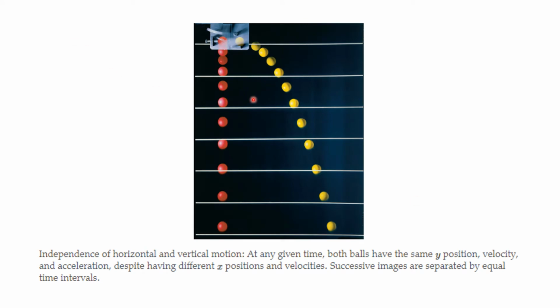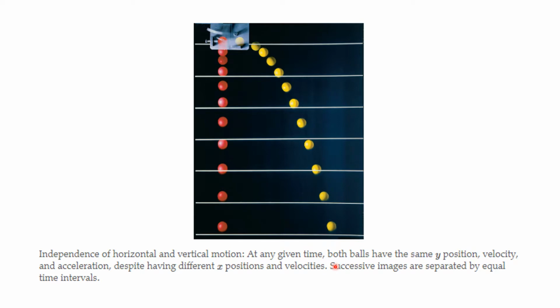Now, to solve these problems, we have a very important fact. If you take a red ball and a yellow ball and release them at the same time, but you just drop the red ball and kick the yellow ball out, what you see is really an amazing fact. The horizontal and vertical motions are independent of each other.